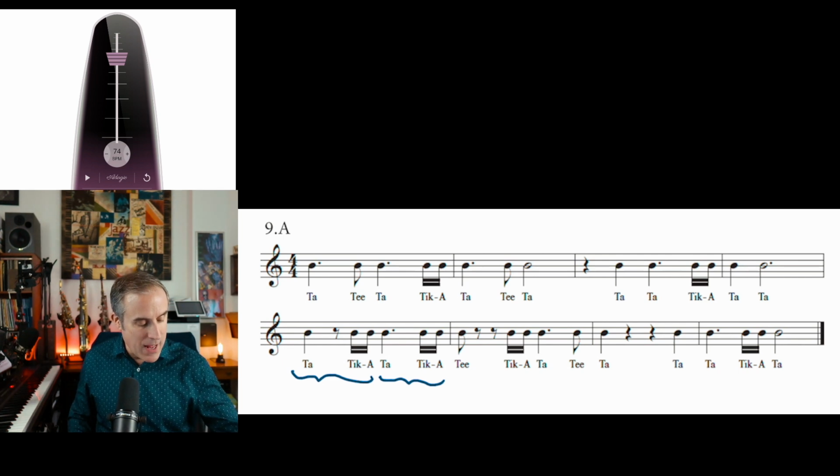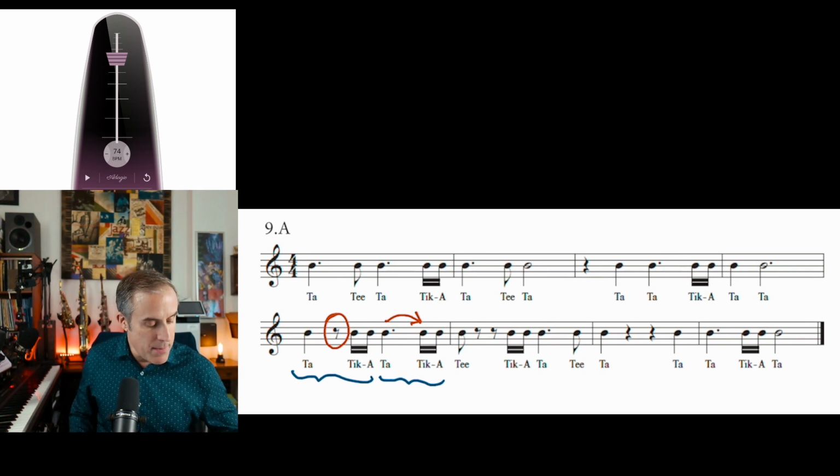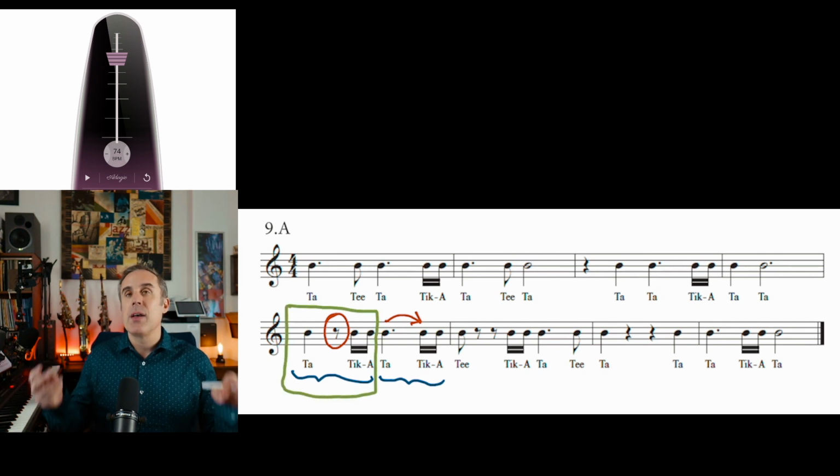The difference lies in this 8th rest right here, which means that we need to have silence before those 2 16th note upbeats. Whereas in this dotted quarter note rhythm right here, it's going to be continual all the way until those 2 16th notes. So if I'm to perform just the first 2 beats right here, this is what it would sound like.